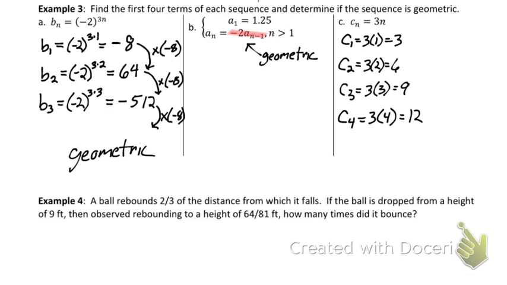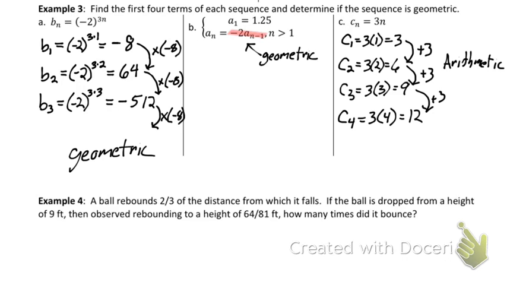Well, this is definitely not geometric because I am just adding 3 plus 3 plus 3. So in fact, this is arithmetic. And if you remember anything from being arithmetic, it's a linear function, and this is a linear function with a slope of 3, so it has to be arithmetic.